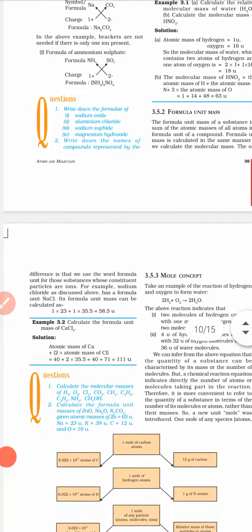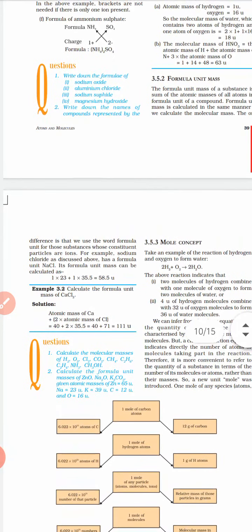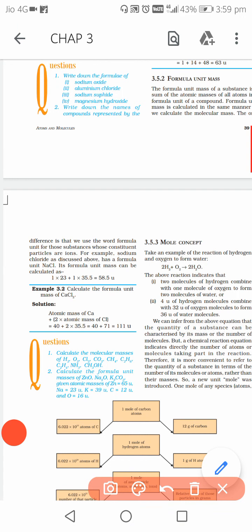Okay, calcium, how much we got? 40. Then chlorine, you can see Cl2 is there. So how many chlorines are there? 2 chlorine. So mass of one chlorine is 35.5. Since 2 chlorines are there, we will multiply it with 2.